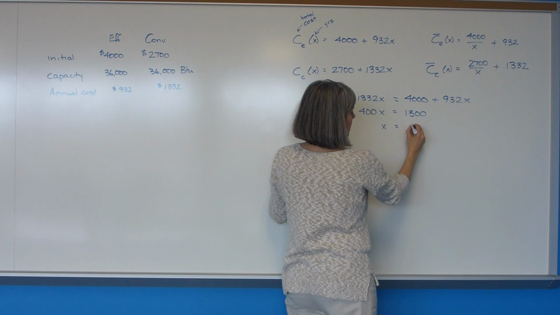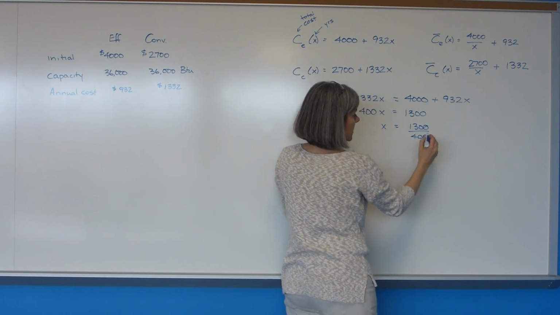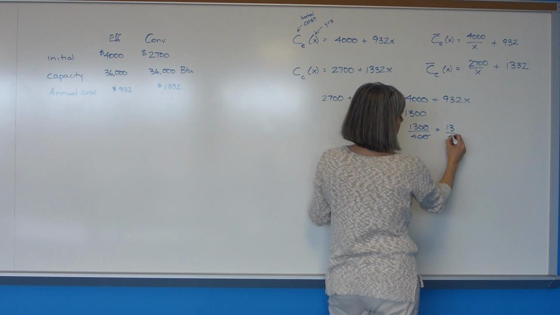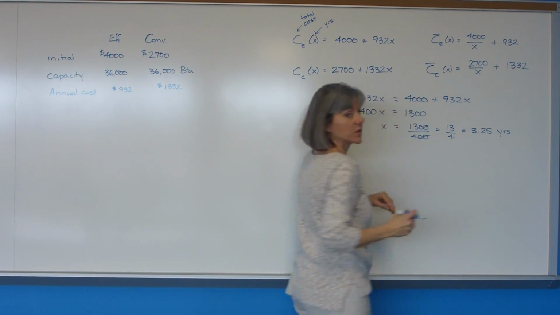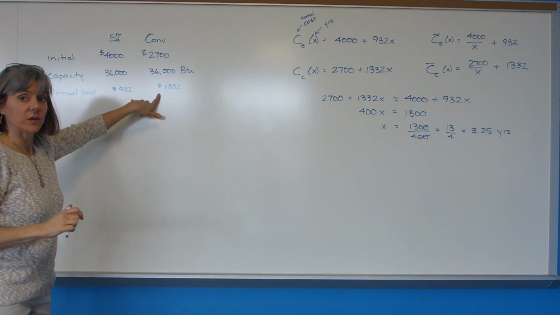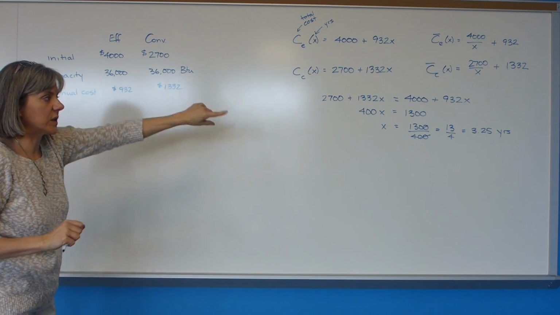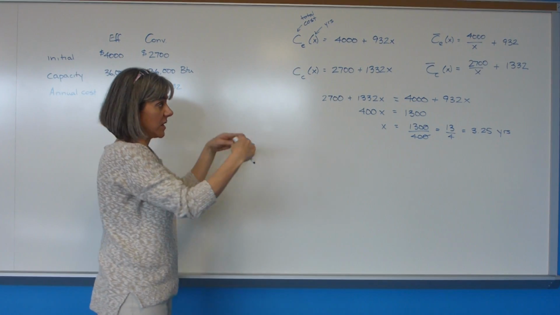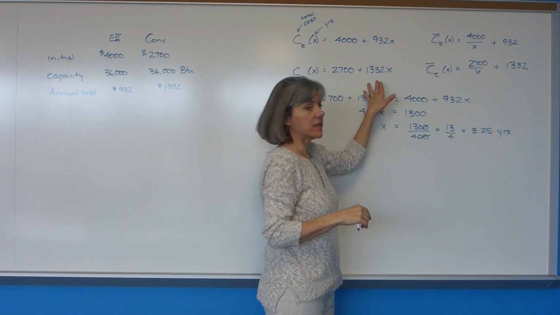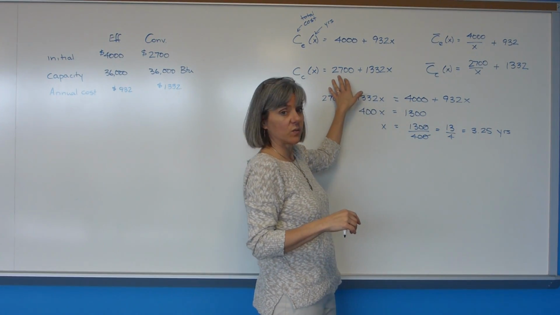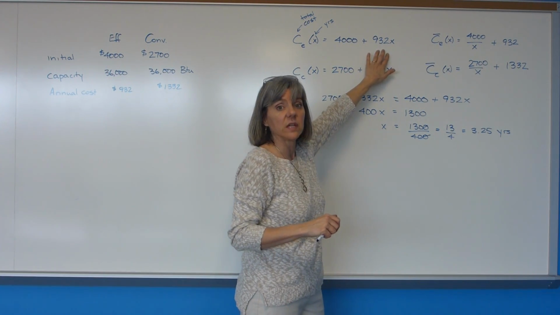So X is equal to 1,300 divided by 400. Drop the zeros, 13/4, 3.25 years. Because we're saving $400 a year, we very quickly make up the $1,300 difference in price. So a little bit more than 3 years, we break even. The total costs are equal. Before this point, the conventional is saving money because you've spent less to begin with. But after this point, the efficient model is saving you money because now your yearly costs are so much less.